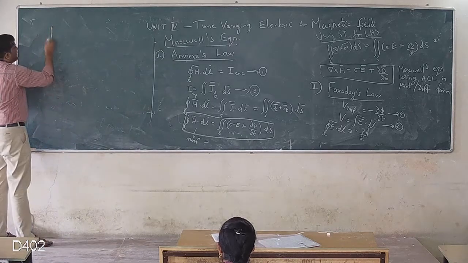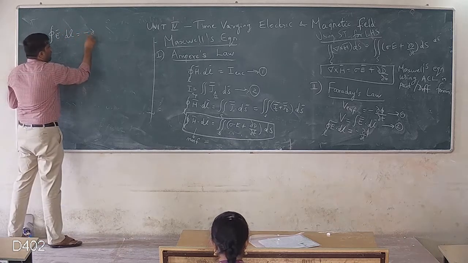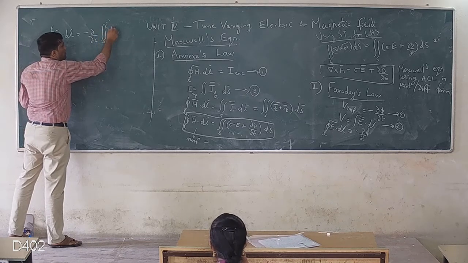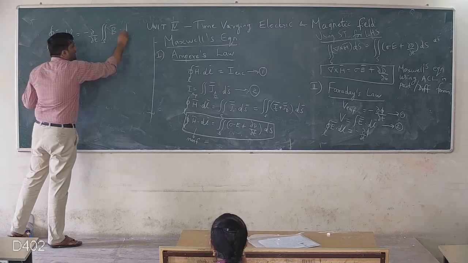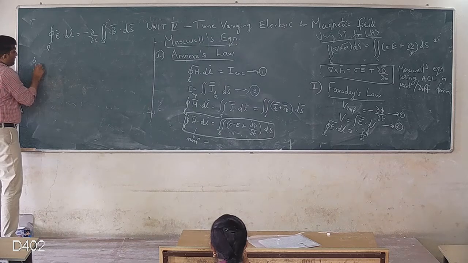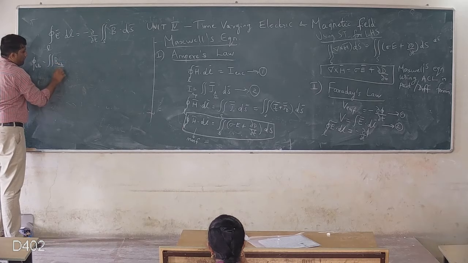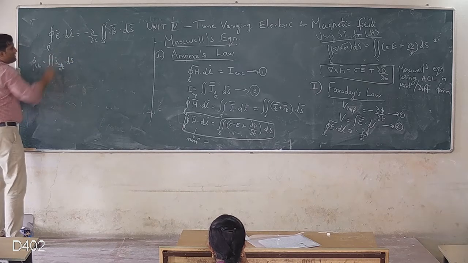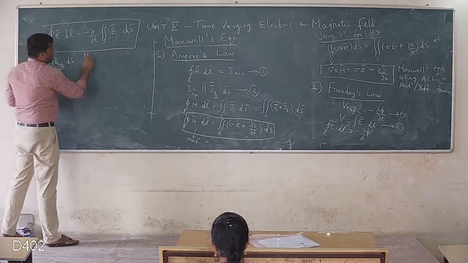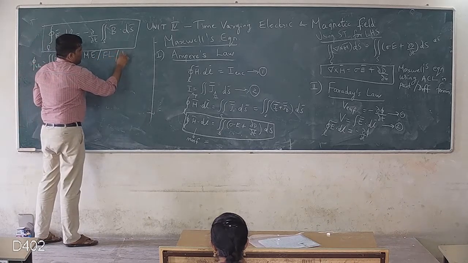So in this case, the integral of E dot dl vector is equal to minus dou by dou t, and phi can be replaced by the double surface integral of B vector dot ds vector. We know that phi is in Weber, equal to the integral of B vector, Weber per meter square, into ds. So replacing that, you will get an equation, and this equation is called Maxwell's equation using Faraday's law in integral form.